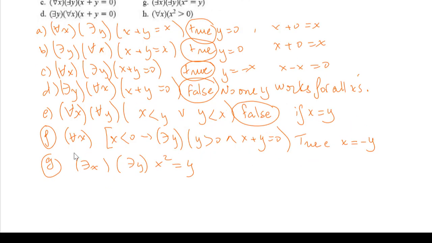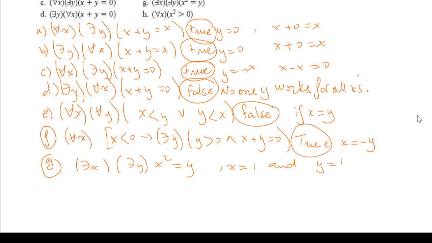And the next one we have, there exists x and there exists y so that x squared equals y. And what can these x and y be? If I make x equal 0 and y equal 0, it does work. This one works, and so it's true.